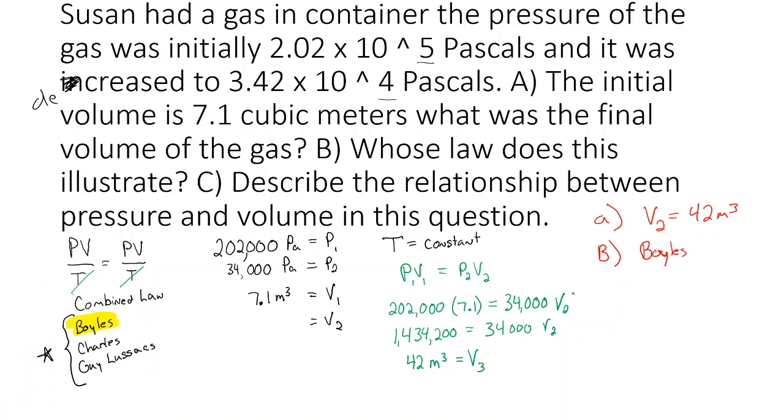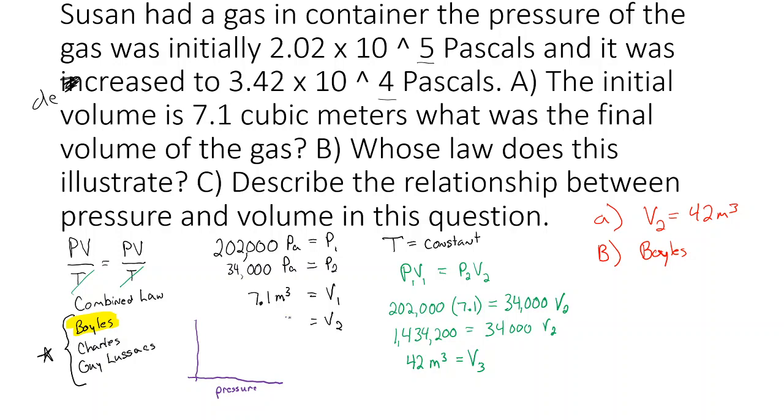Now it says describe the relationship. So here, if I were to put together a graph of what's going on, the first thing I had was pressure, so I'm going to make that my X. Our pressure goes up, or excuse me, our pressure goes down, so that means it's going this direction.